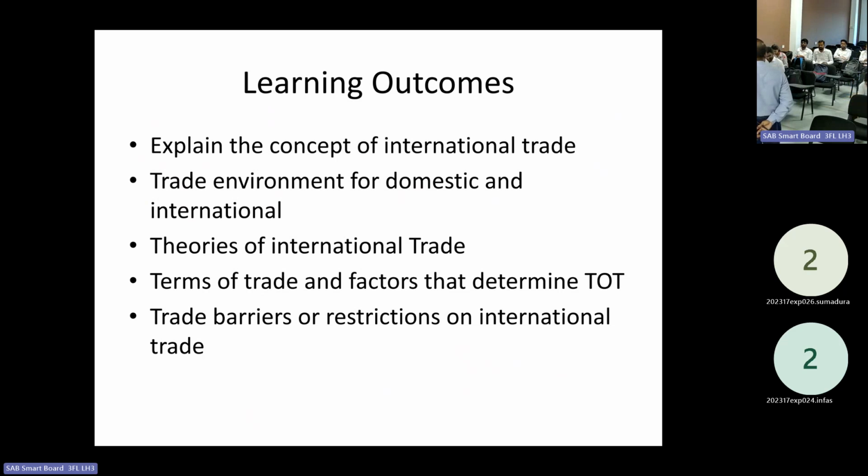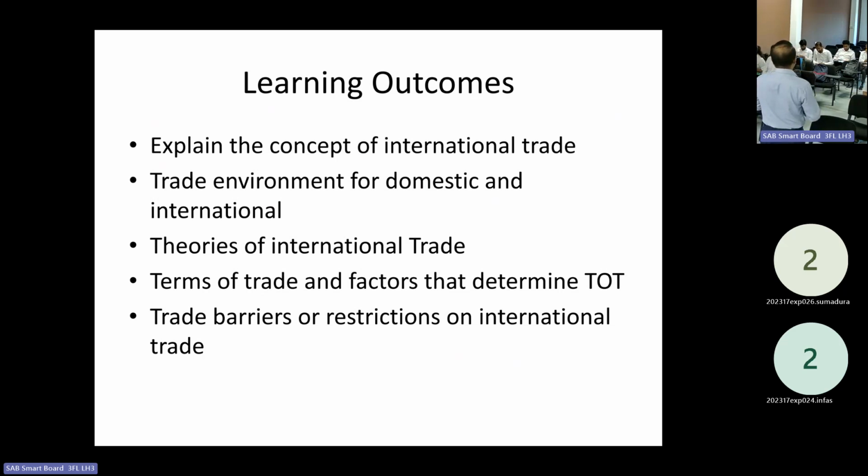So now today we are going to talk about international trade, right? You know the trade, right? Here are the learning outcomes that we expect at the end of this discussion. We will be able to understand the concept of international trade, and also the physical units when we say trade.